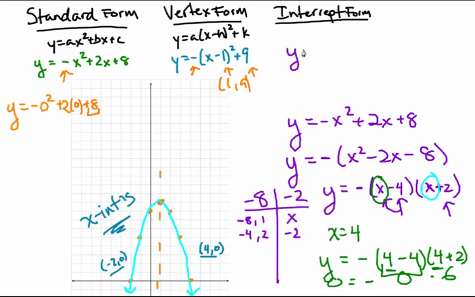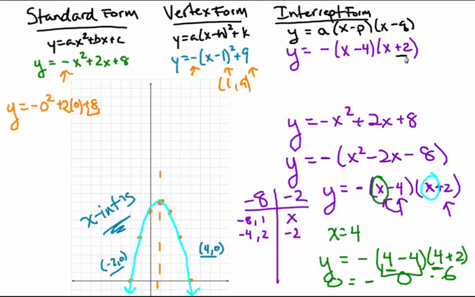So in this case, we got y equals negative (x minus 4) times (x plus 2). And in general, we call that y equals a, there's that a value, again, every form has an a value in front of it, times (x minus p) times (x minus q).